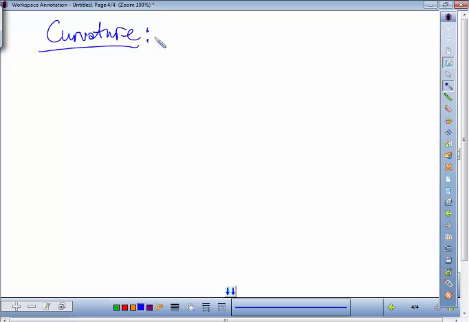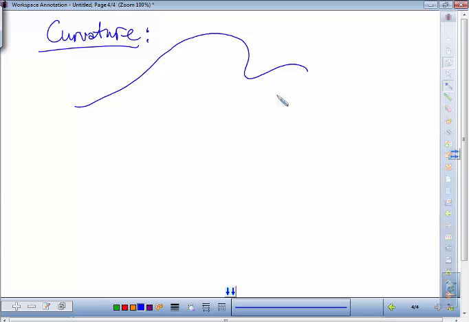Well, let's think about curvature. Let's draw a curve over here. And the idea is that at each point on this curve, we can find a numerical value that gives it its curvature, how much it curves or how it curves. Okay?